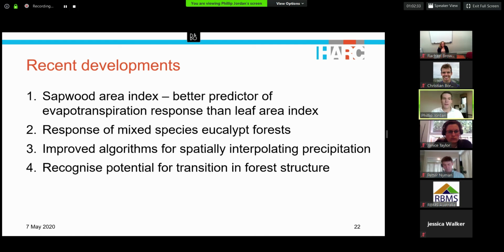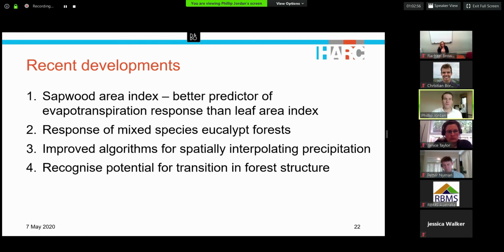The third area, again, this is work that was undertaken at University of Melbourne, is improved algorithms for spatially interpolating precipitation. And that's really about trying to understand, when we've got a bias in where the rainfall gauges are located in the catchment, what's the spatial pattern of precipitation across the catchment?